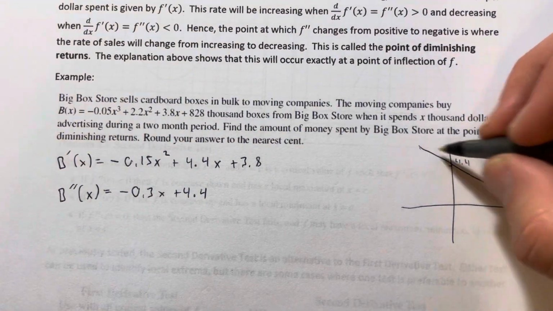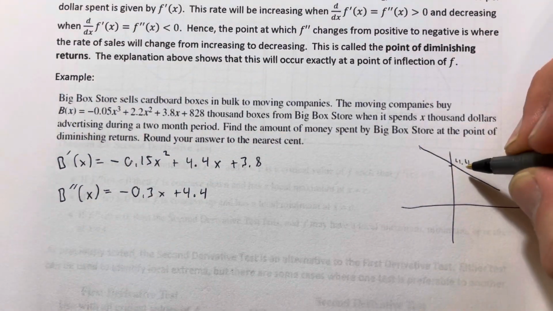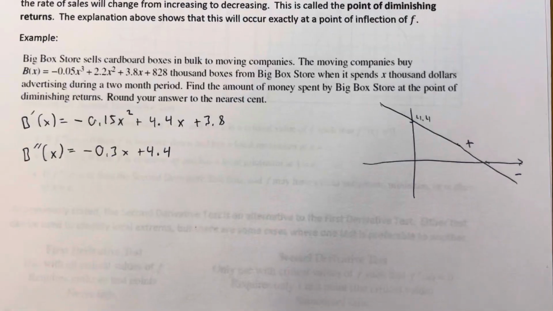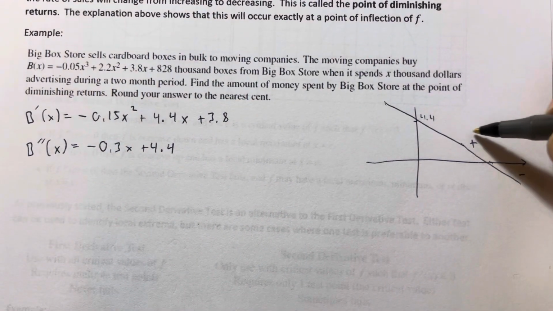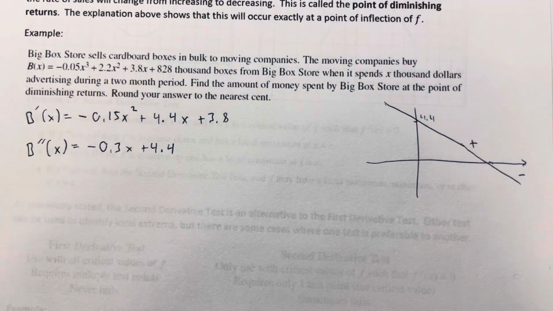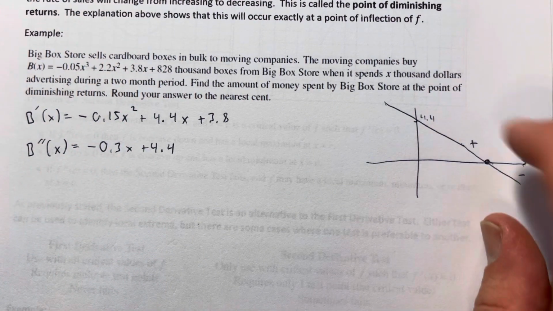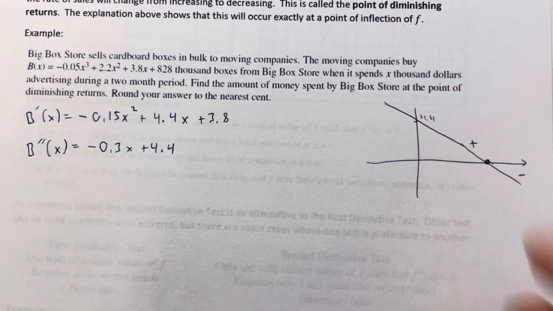Notice that as we pass through 0 down here, we're going to go from being positive up there to negative down there. Our second derivative switches from being positive to negative. And this point right here would represent, whatever the x value of that point is, where the point of inflection occurs on the original function b of x. So because we're going to have a point of inflection at that x-intercept, and because we go from a positive to a negative second derivative, that will represent that point where we have diminishing returns.